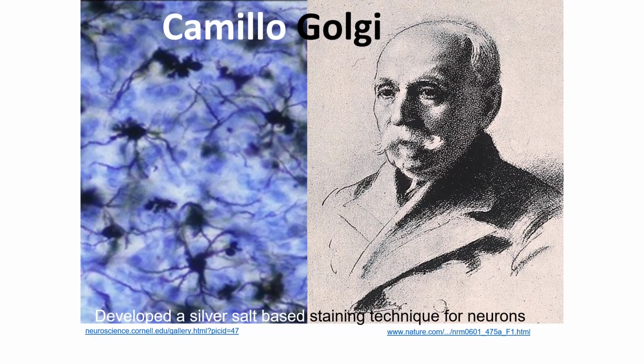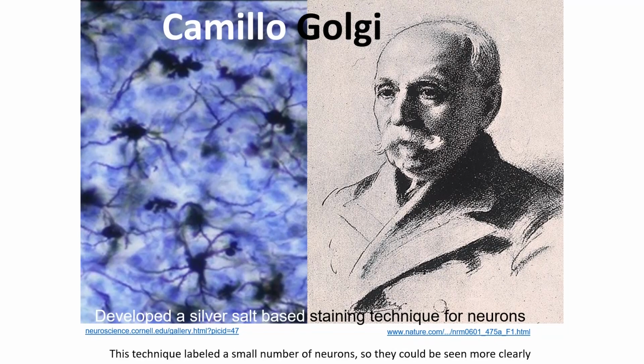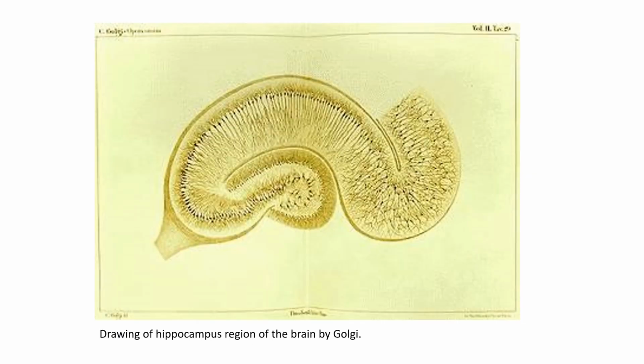Because the probability of taking up this salt was very low, it basically converted a dense tissue into a lightly, sparsely labeled tissue, and then it could be imaged under the microscope. So this sparse labeling basically solved the problem of the dense brain structure.